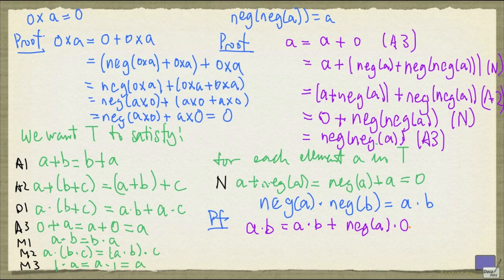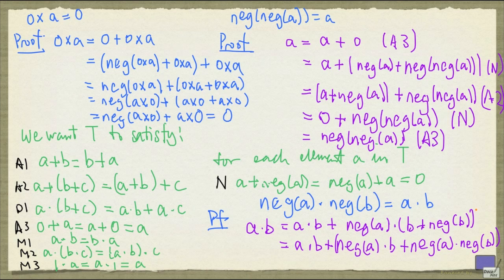Now I can write the 0 as B plus the negation of B, and using d1 we get the following. Alright, and then applying A2, we can rewrite this as this. And now applying m1 to these two terms here, I get, and applying d1, I can rewrite this as, and applying n to this, we get 0 here.